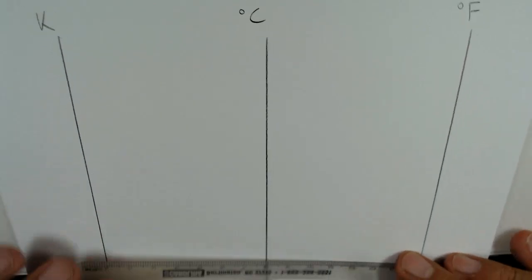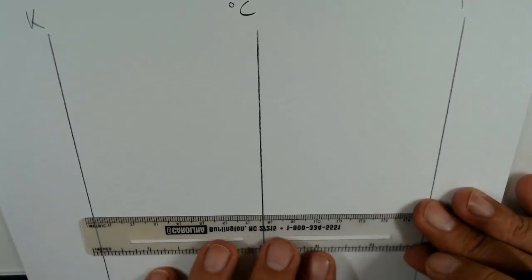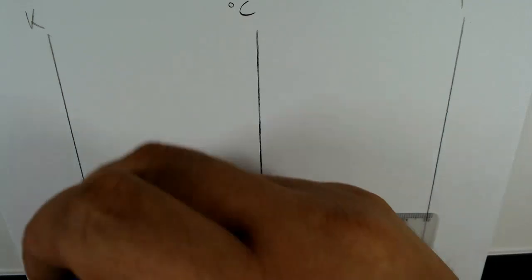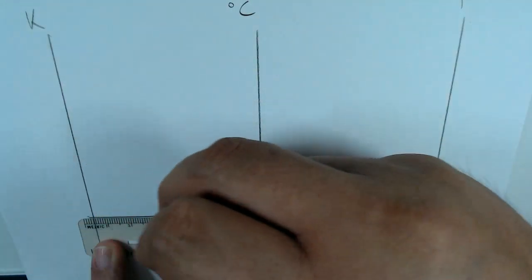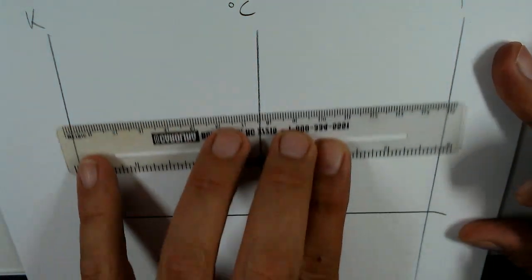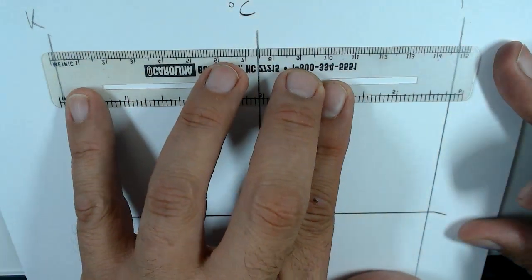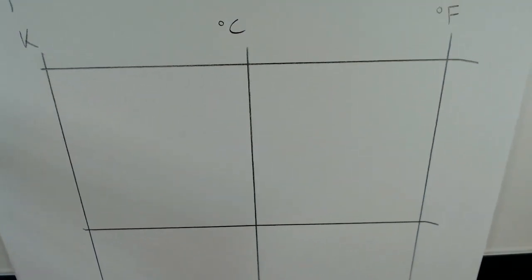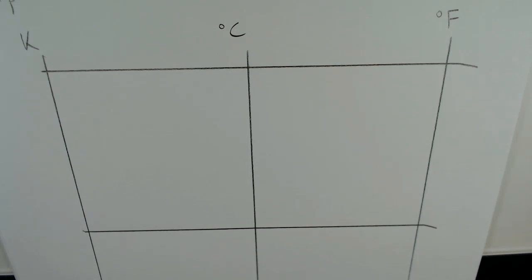All right, so the few points of interest that we have: one for the freezing point of water, and the next one here is the boiling point of water. This is actually how we defined the temperature scales for Celsius.